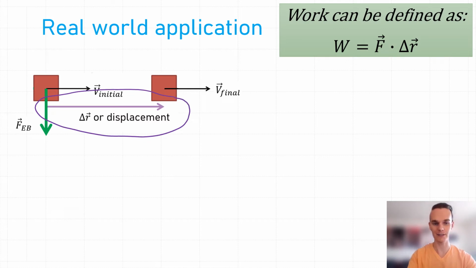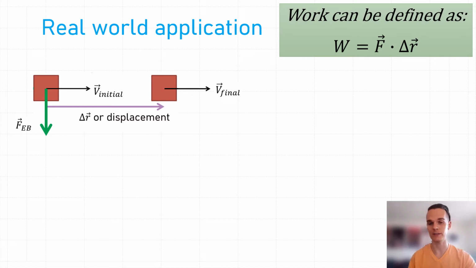The box is still moving in the horizontal dimension, so the displacement vector that we have in this example is the same as the displacement vector from the previous example. We want to figure out how much work the Earth does on the box. So we need to take the dot product between the force that the Earth exerts on the box and the displacement vector of the box.